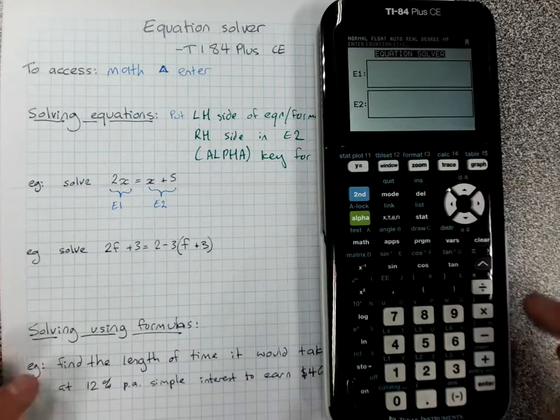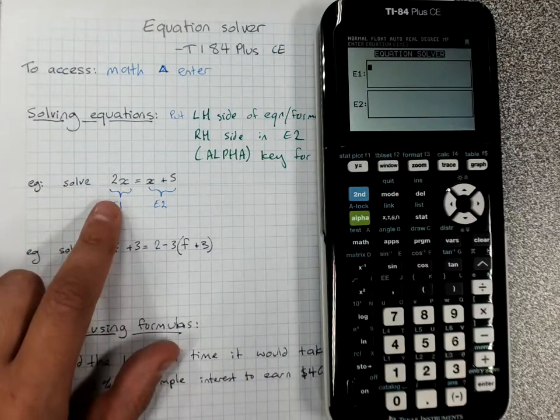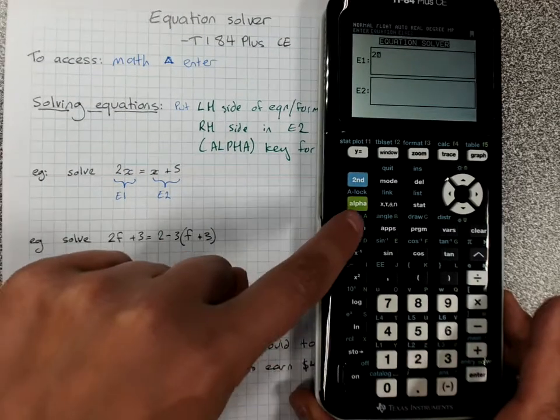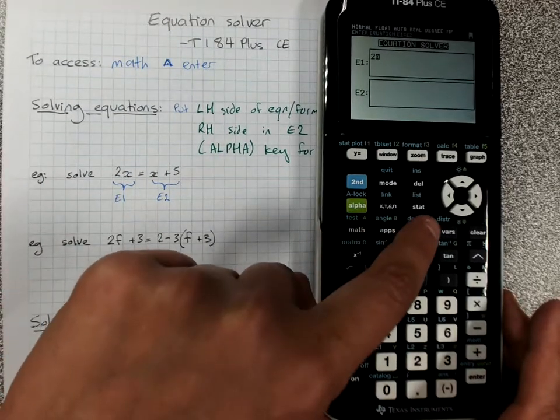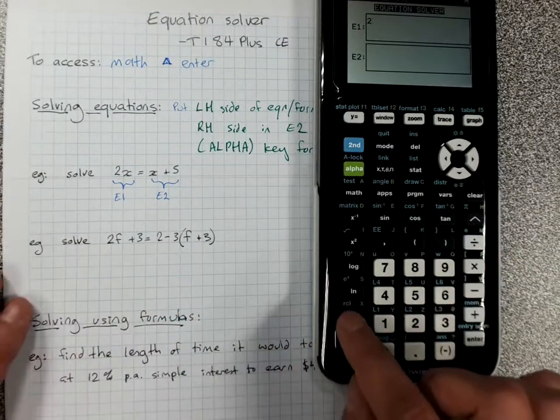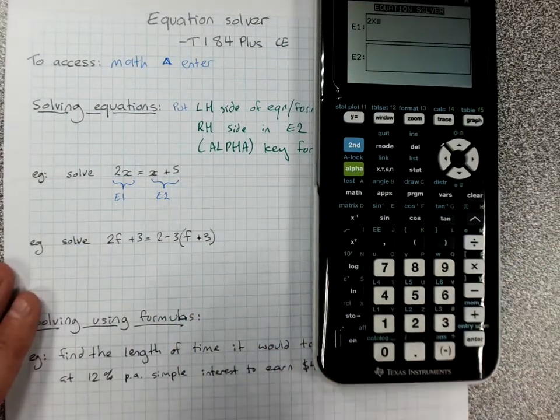So, in E1, we'll put 2x: 2, then alpha, and you can see in the green above most of these buttons, there's letters, and it's in alphabetical order, so x is going to be down here. There's also a shortcut for x.